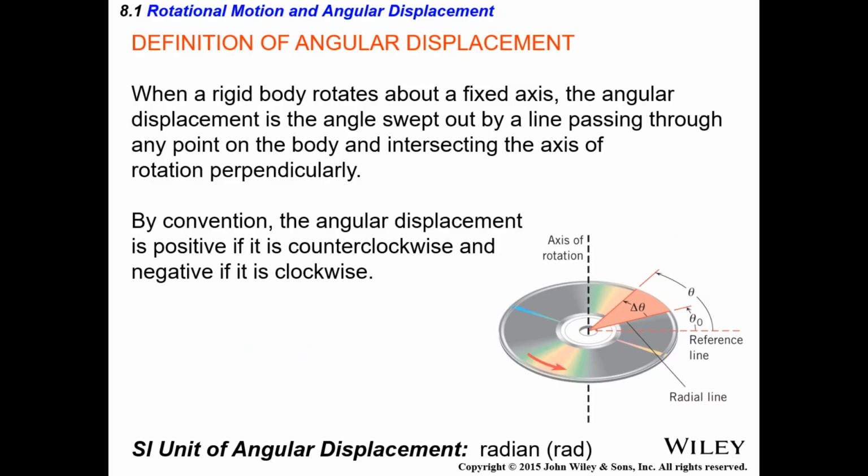So same story for the angular displacement. I'm going to take it to be positive if it's counterclockwise and negative if it is clockwise. So if the object is moving in a counterclockwise direction, this object is moving in positive direction.